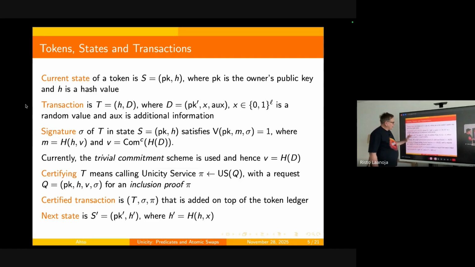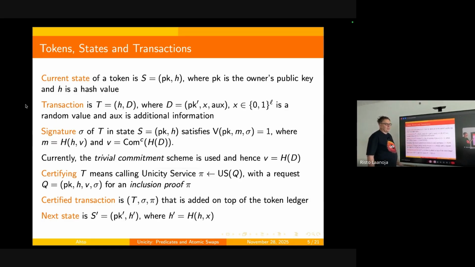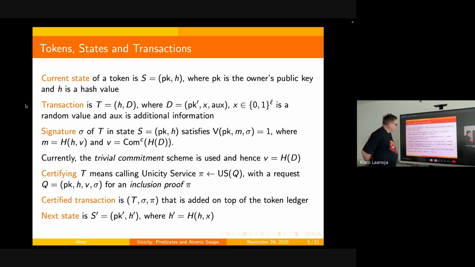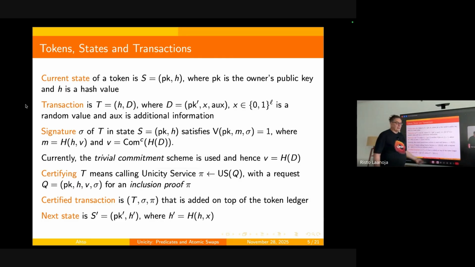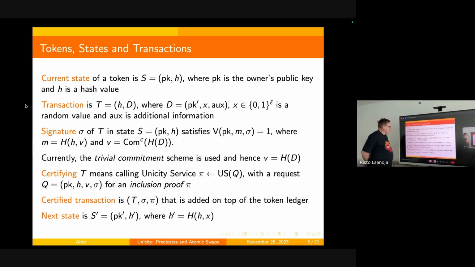And this triple is then added to the token ledger, where we have all the previous certified transactions with the token, and the token is now in a new state, which is S prime, which has now the new owner, which was in the transaction, and we have a new hash here, which is just the hash of the previous hash, hashed together with a secret mask here, a random mask.